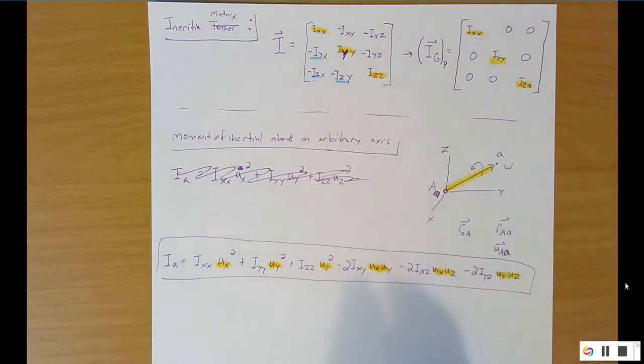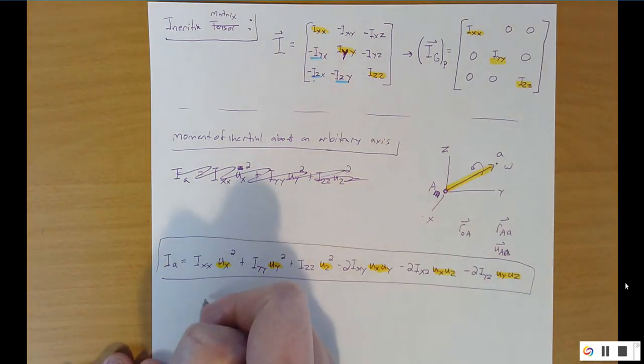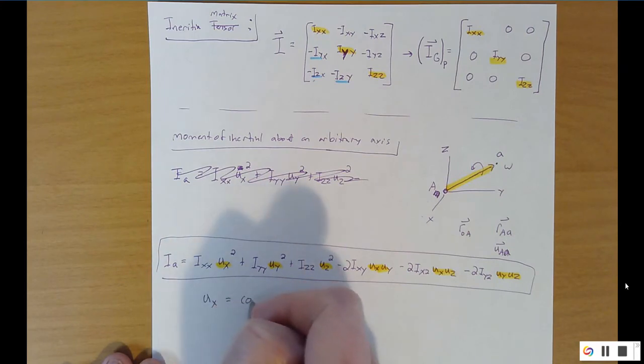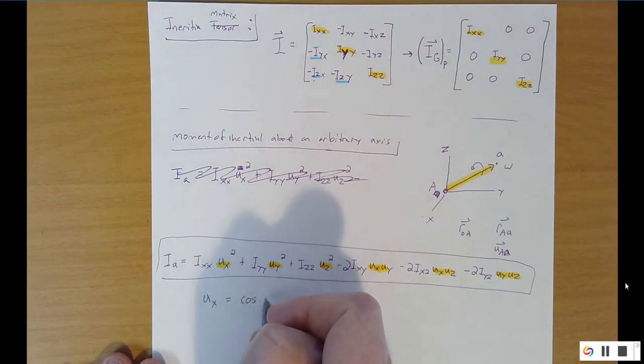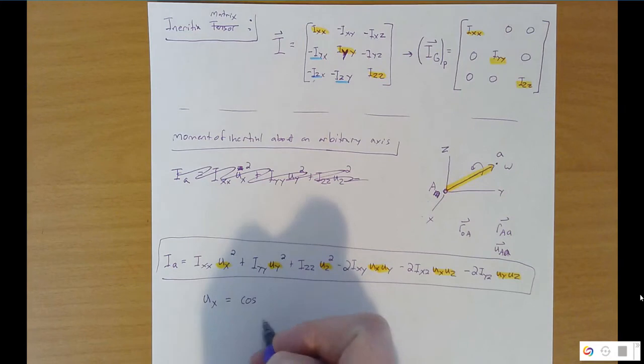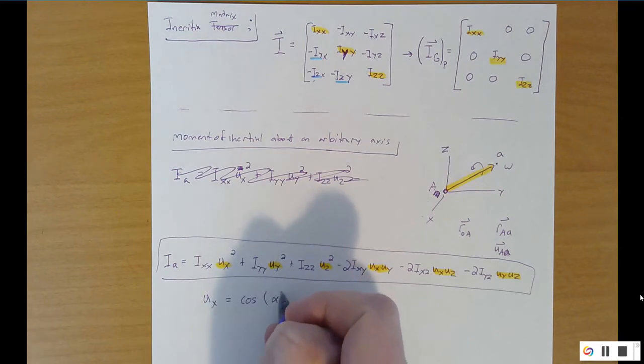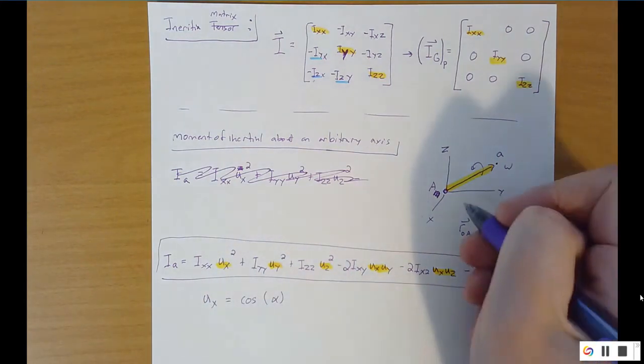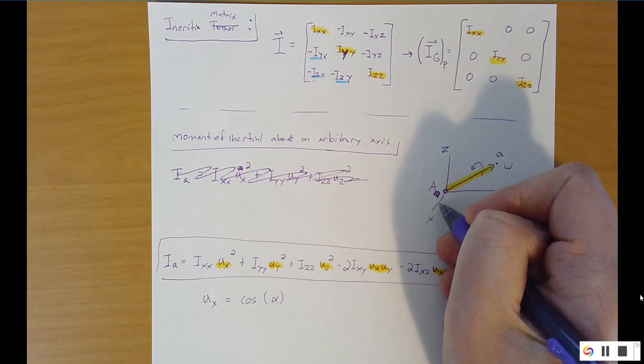To get that line, it's a lot easier if you can use your direction cosines. So ux being cosine of alpha, where alpha is measured from the positive x-axis to our line.